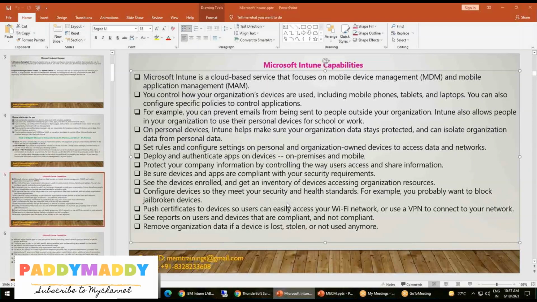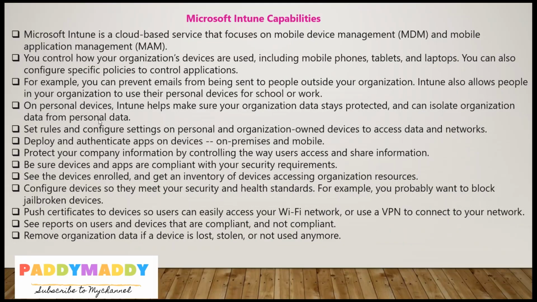Right now, let's also have a look at some other capabilities. You can deploy applications. Let's say you deployed some antivirus, and if that antivirus, firewall settings or those policies are not available on that device, you can block the device from accessing your corporate applications. You can also push the Wi-Fi and VPN settings.